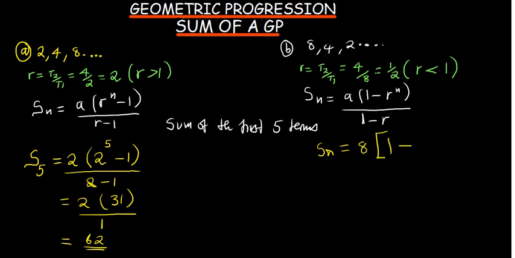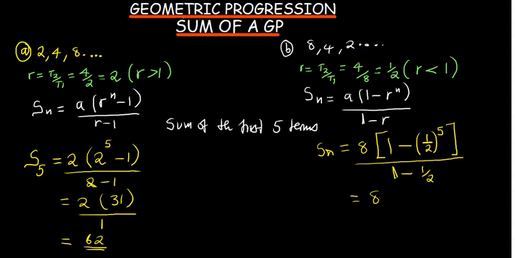So this will still give us 8, open brackets, 1 minus. If we say 1 to the power 5, that is 1, and 2 to the power 5, that is 32. And then in the denominator, we're going to have 1 minus half. And this will continue.